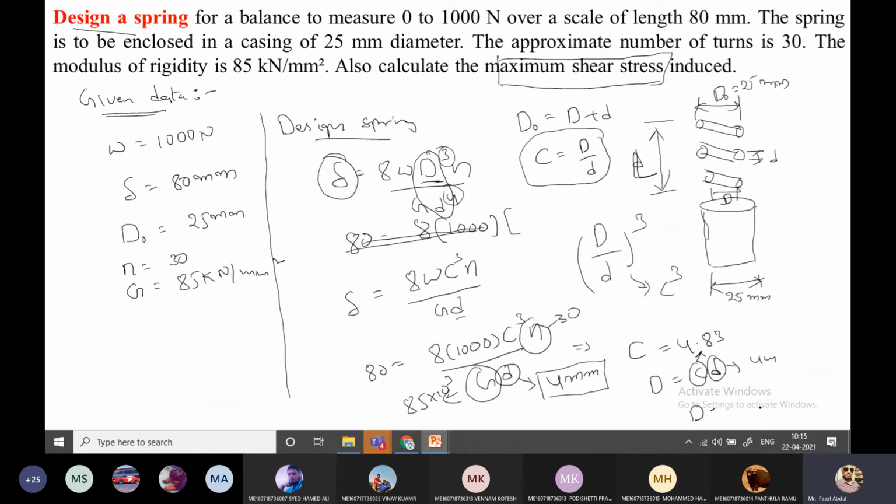Now tell me the D value, how much? 4.83 into 4, that is 19.32 mm.